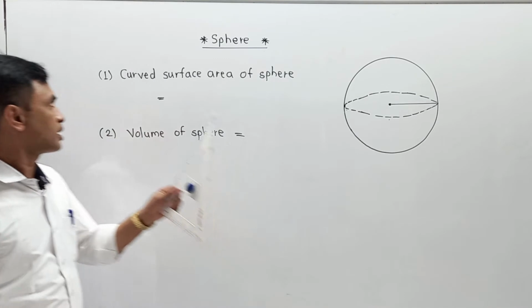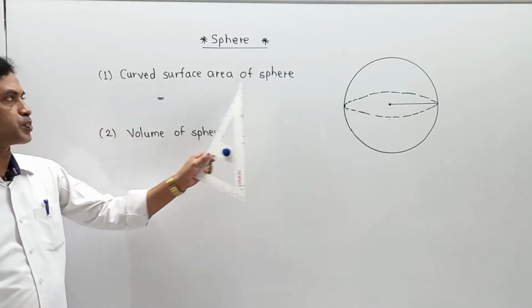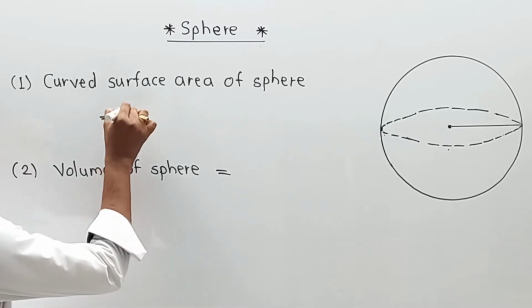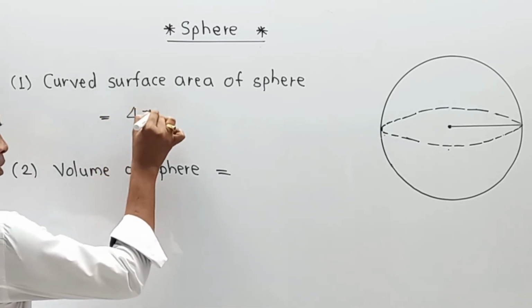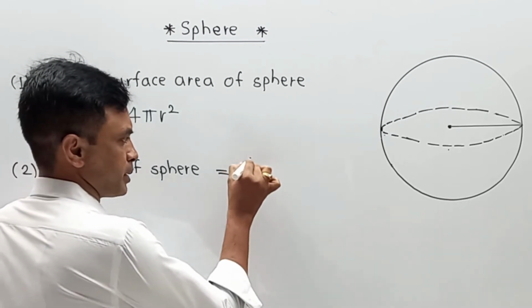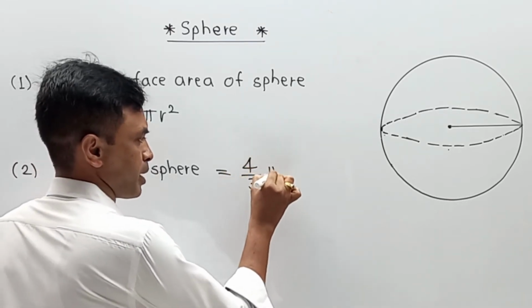So, for the sphere, the curved surface area of a sphere, or surface area of a sphere, is written as 4 pi r square. Now, the second formula, volume of a sphere, is nothing but 4 by 3 pi r cube.